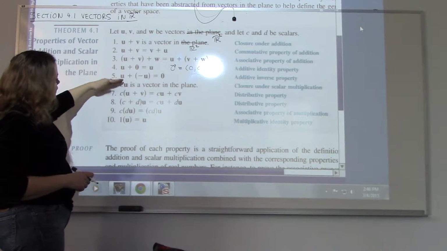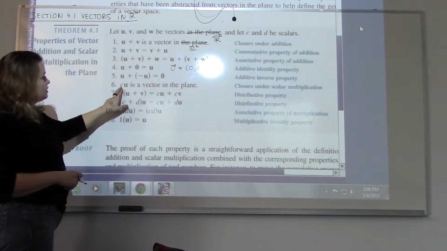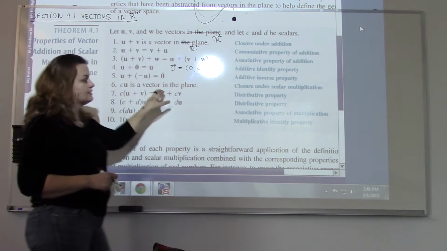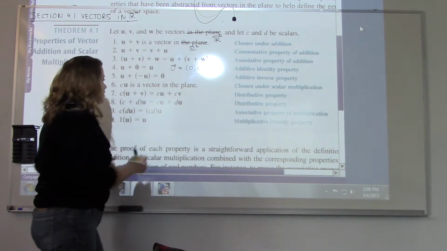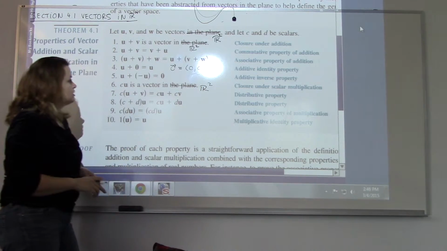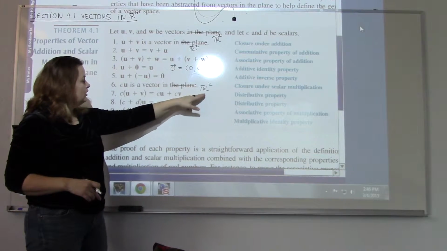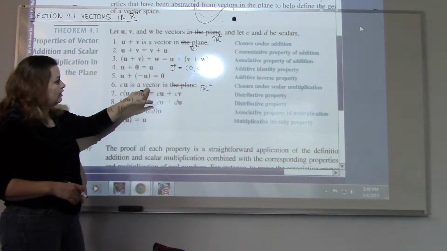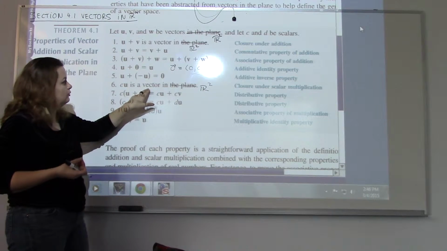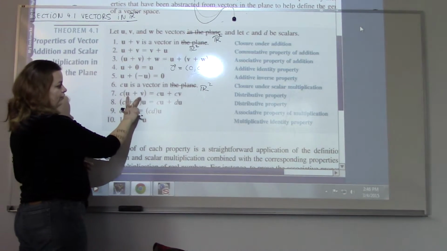Now, the next properties have to do with scalar multiplication. If you multiply a vector by a scalar, then you land in the same set that you started with. Again, that is the same as saying R2 is closed under scalar multiplication, the standard scalar multiplication that we just defined. Here we know this from matrices.